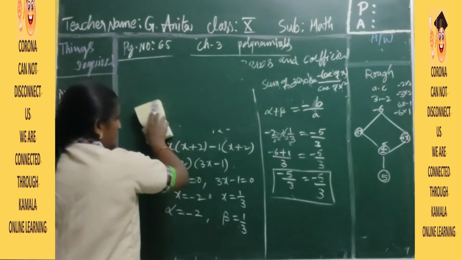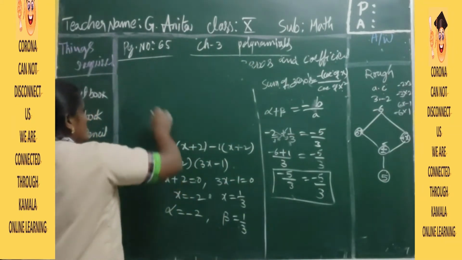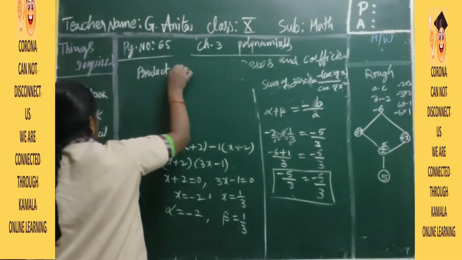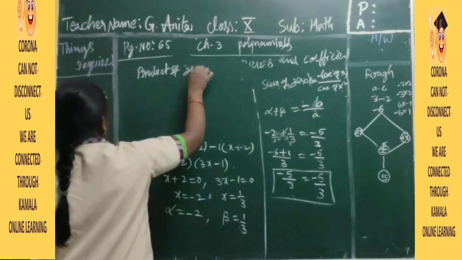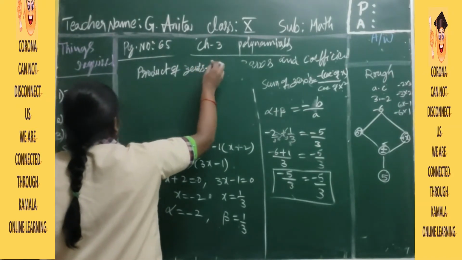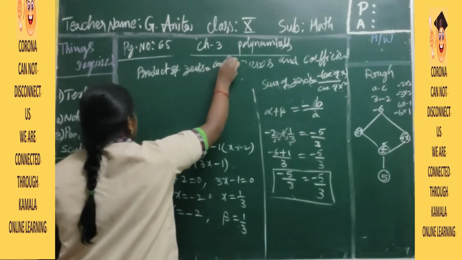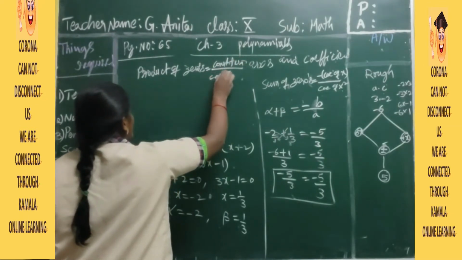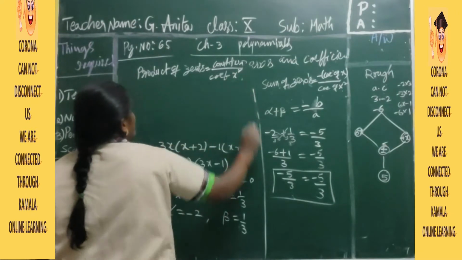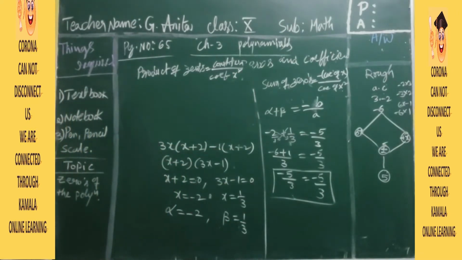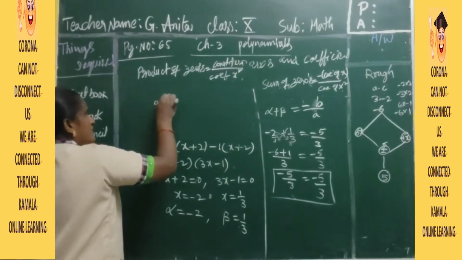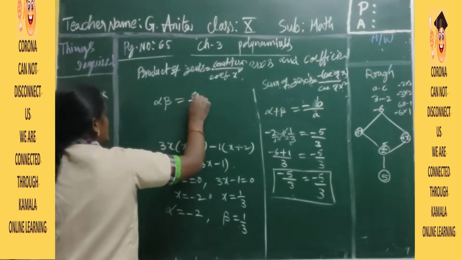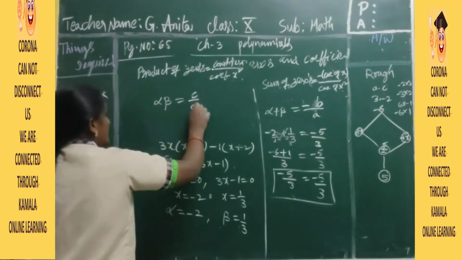Next, coming to product of zeros. How can you find out the product of zeros? What is the formula? Constant term by coefficient of x square. Product of zeros is nothing but alpha into beta, and constant c by coefficient of x square a.